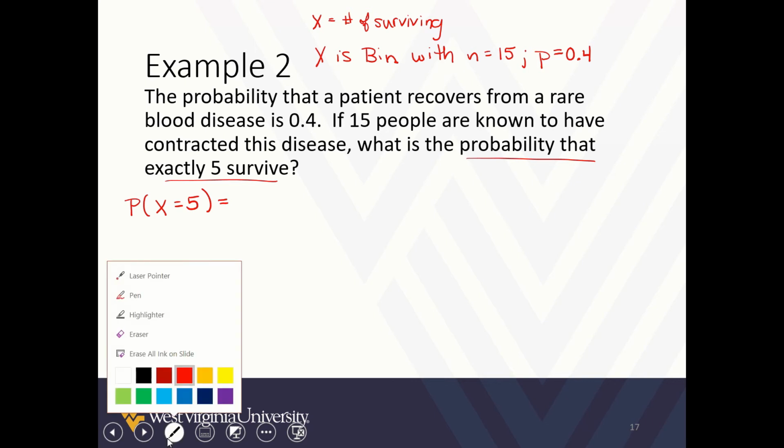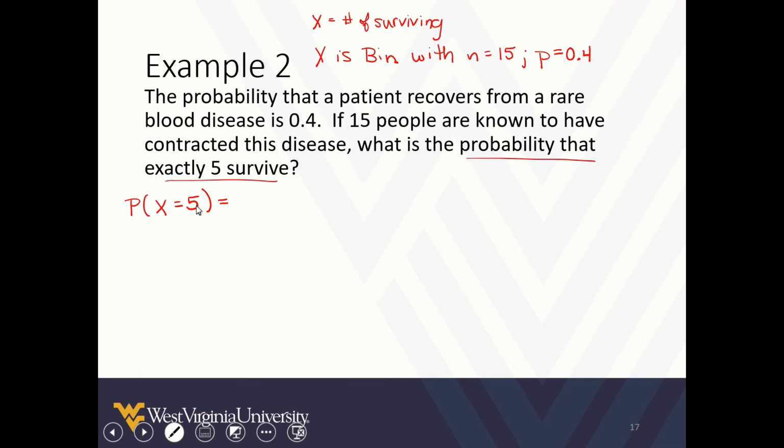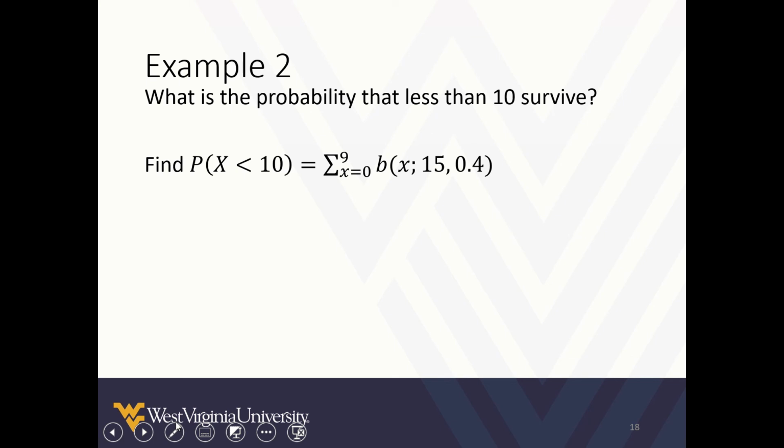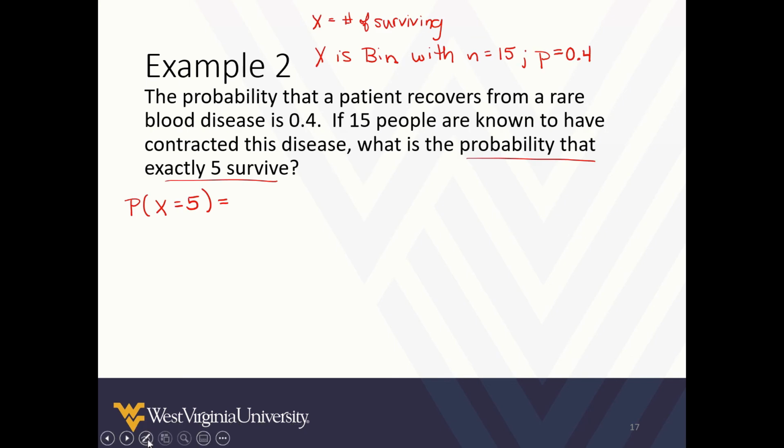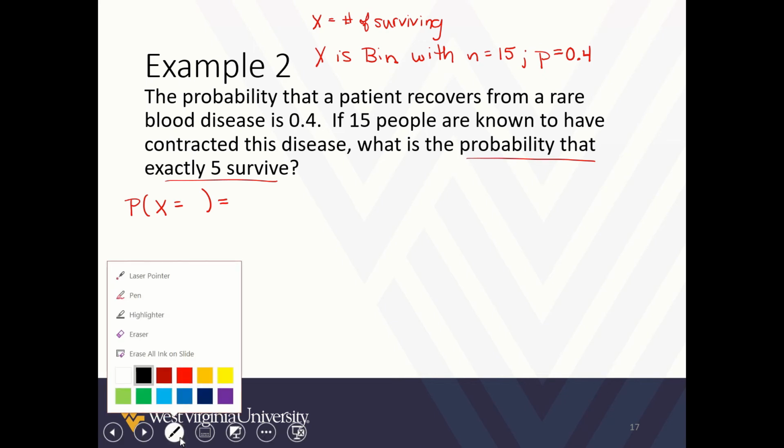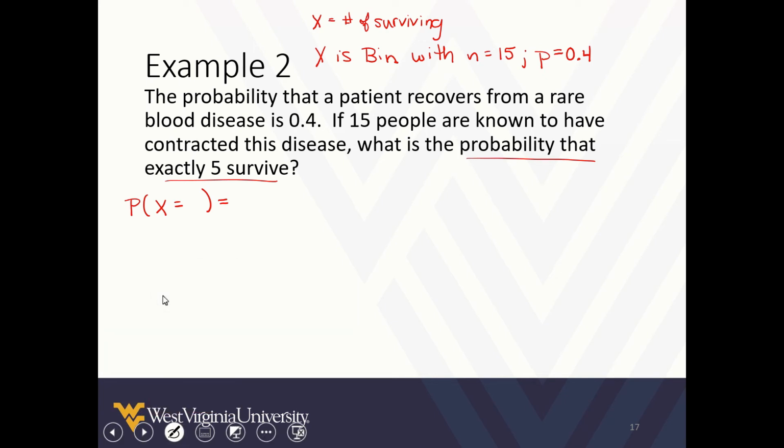Using our formula, actually to start off with, I'm going to write this out generically. So recalling our previous formula, the probability that X equals x. Our sample size is 15. That would be 15 choose x, multiplied by our probability of success, which in this case is 0.4.